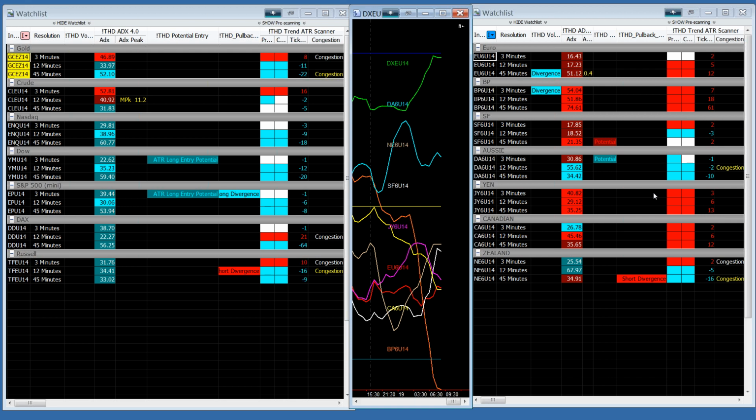All right. The first thing that I would notice this morning, do you see how the British pound is oversold? In other words, the orange line, which is for the British pound future contract, is below the -50 line. That tells me that the British pound has been going down and we may get a retracement on it.